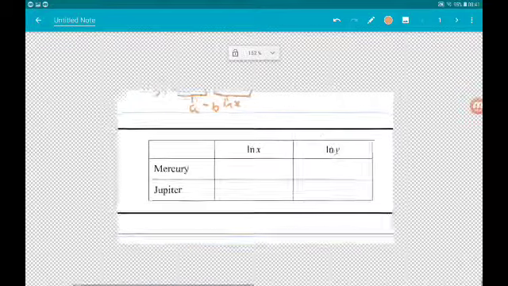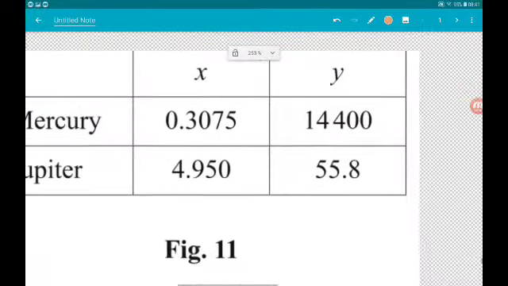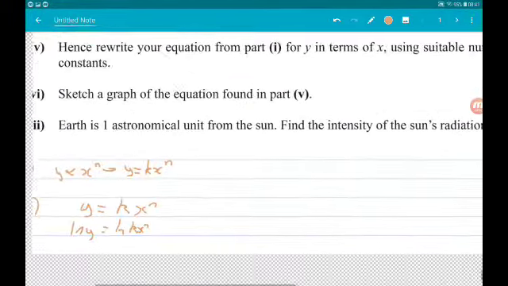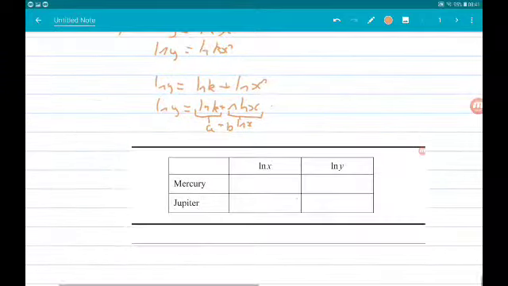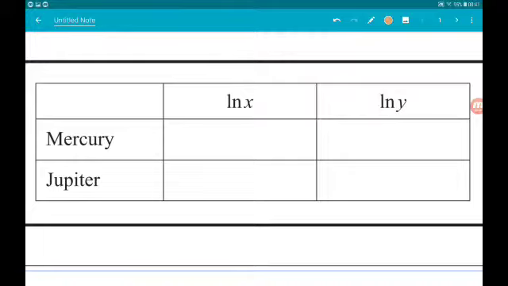So all that we need to do is log each of these numbers and put them in their corresponding place. So for Mercury, log x will be minus 1.179, and for Jupiter we will get 1.599.